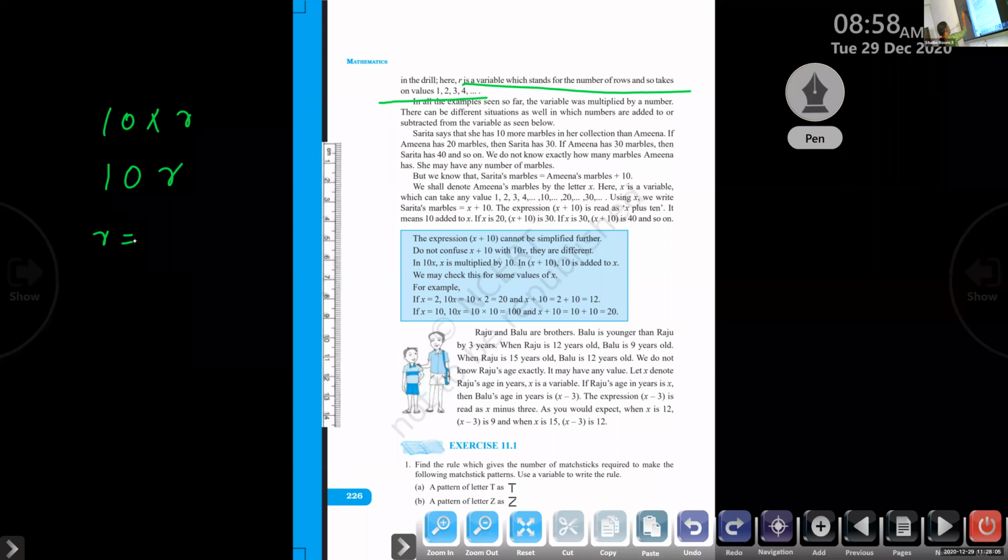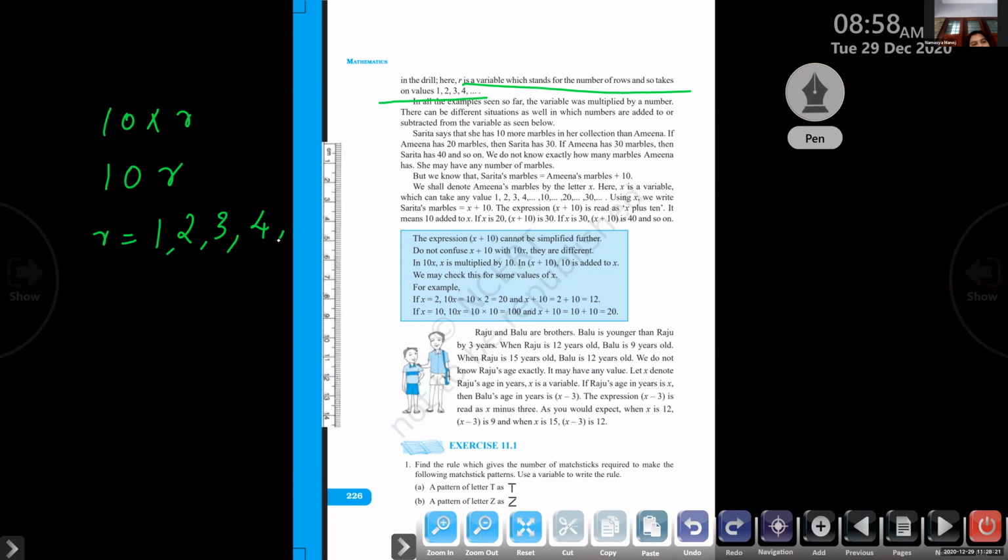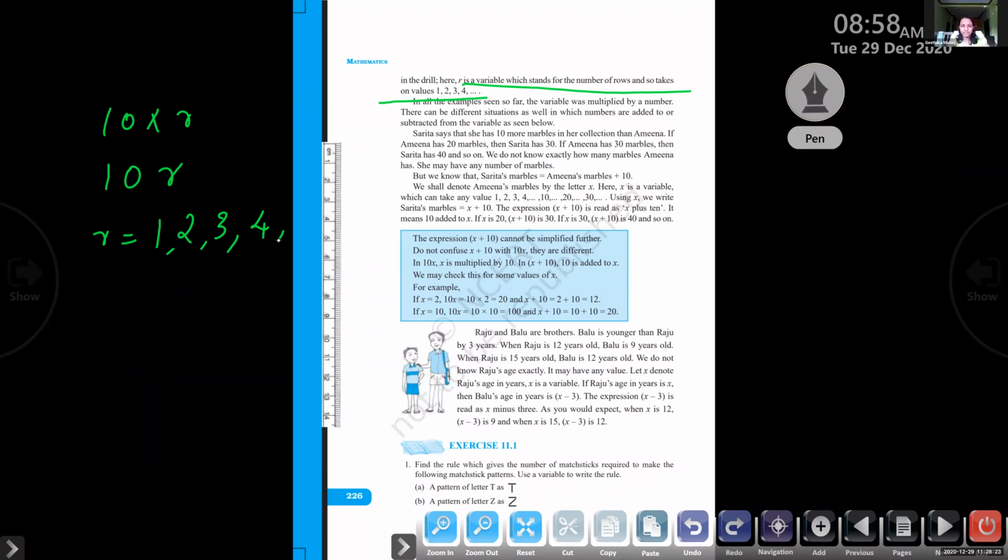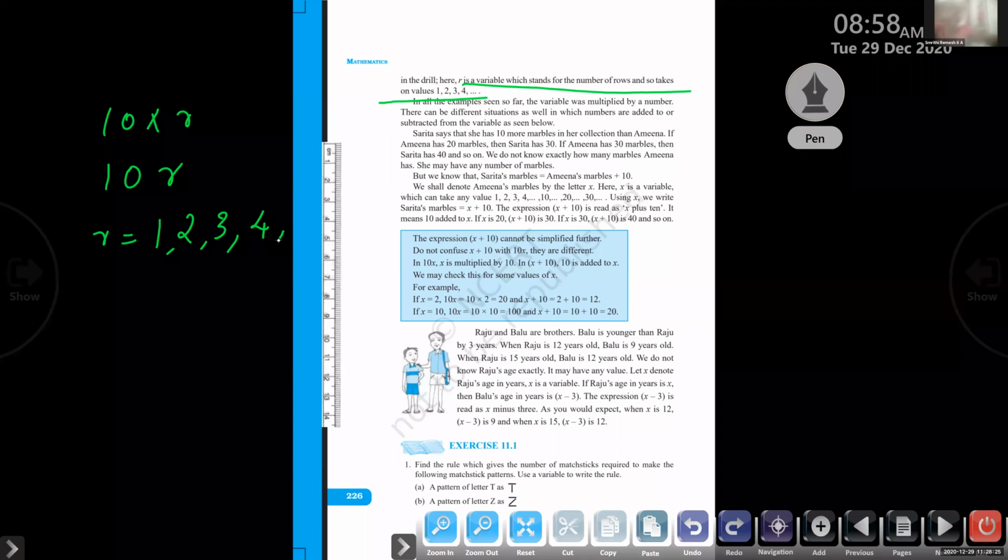R equals first row, second row, third row, fourth row, and so on. So what is the value of R here? 1, 2, 3, 4, etc. R takes the values 1, 2, 3, 4, etc. First row, second row, third row, fourth row, like that.